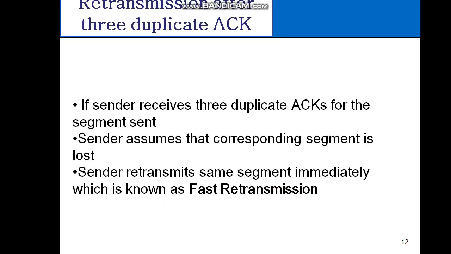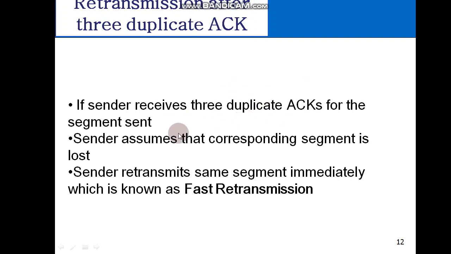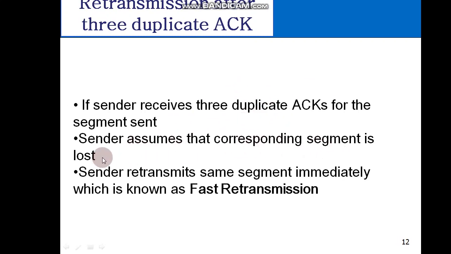Retransmission can also occur after 3 duplicate acknowledgements. So there are 2 ways: one is the RTO, and the second is after receiving 3 duplicate acknowledgements. Suppose the sender receives 3 duplicate acknowledgements for the same segment sent. Then the sender assumes that the corresponding segment is lost somewhere.